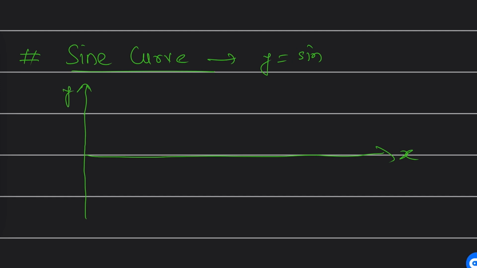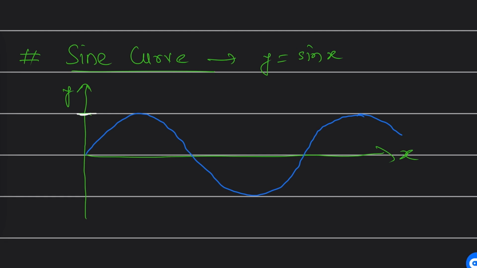This is y and this is x. Sir, y is equal to sine x. Here the graph will look like this. How, sir? Sine starts from the origin, and it will end like this, and it will go like this, sir.